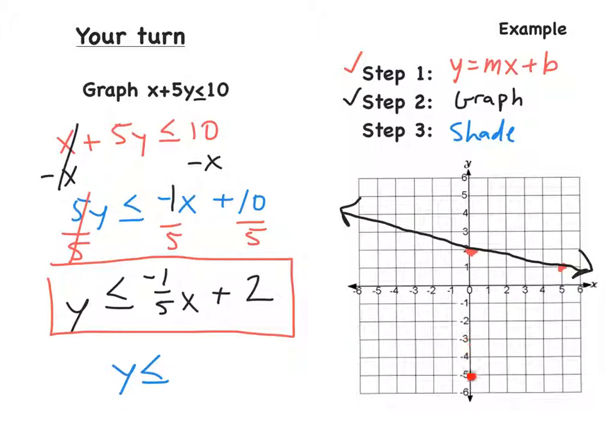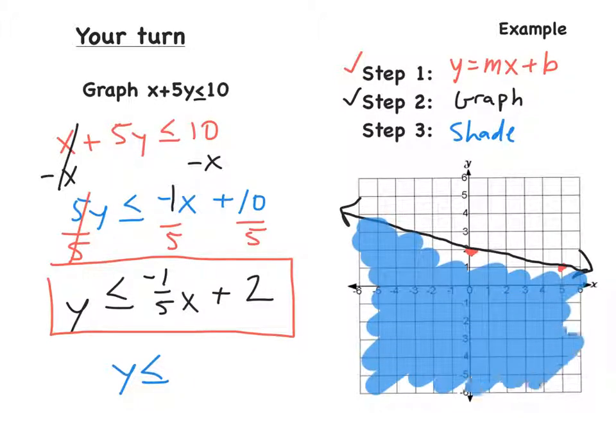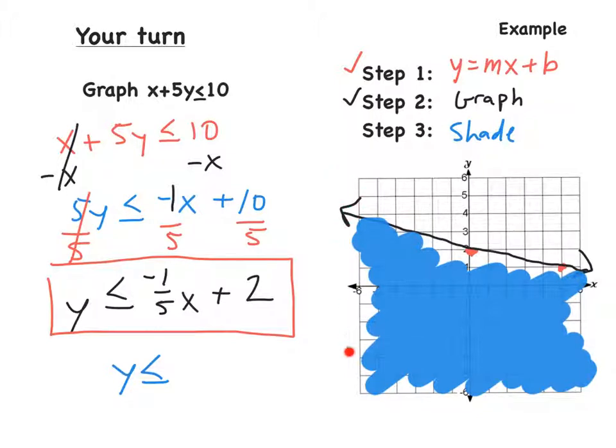So I want all the negative numbers. So with this, all we have to do is shade everything that is below the line. So from here, this is our final answer. We have our line that is a solid line and everything is shaded below it.